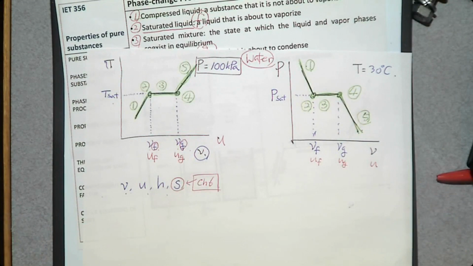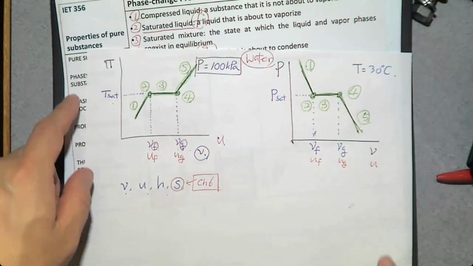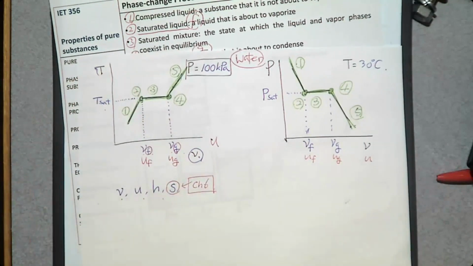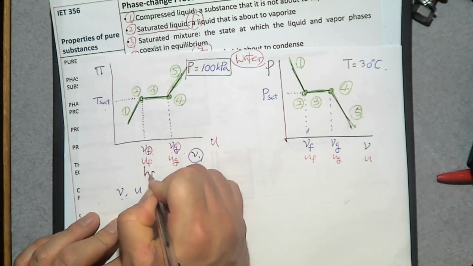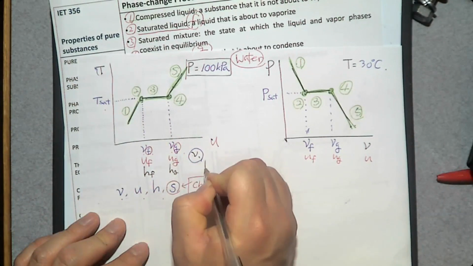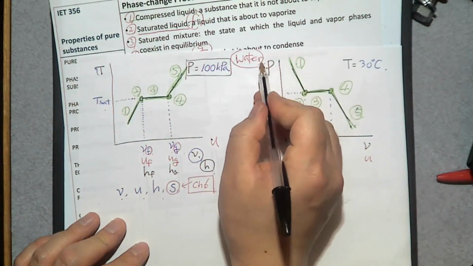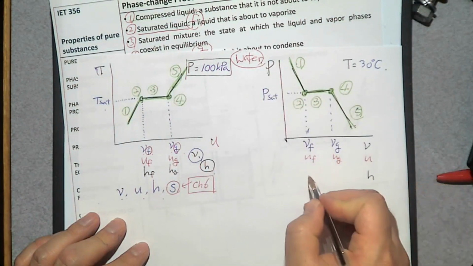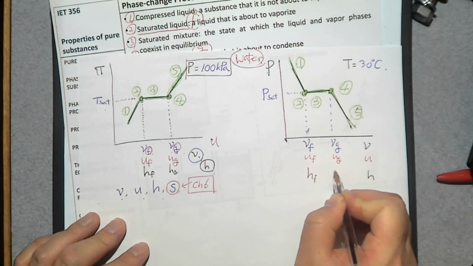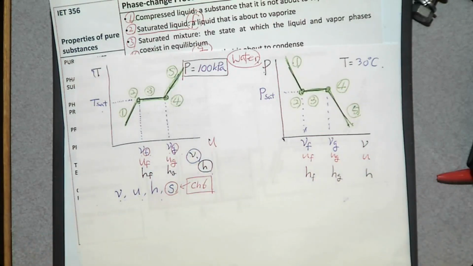What about enthalpy H? I want to determine H. Can we make a TH diagram? Yes, no problem. Instead of UF, UG, you can say HF, HG. For a PU diagram, you can say PH diagram, and this one is going to be HF, HG. So V, U, H, they are interchangeable.